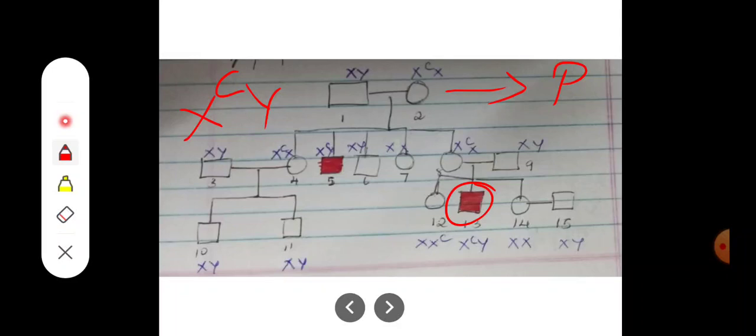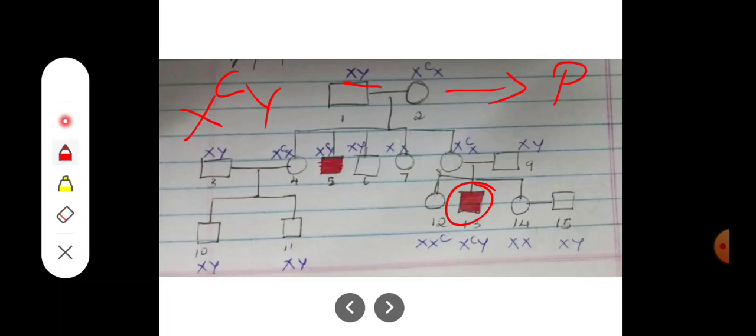How will you find the genotype of the parents? We know that if the male is diseased, then he should be shaded with red color. So there we cannot write Xc, because that person is not diseased. The father is not diseased. So if the child is diseased and the father is not, it means he has the normal gene, which is XY. You can see I have written XY.